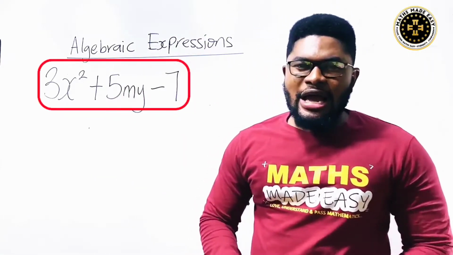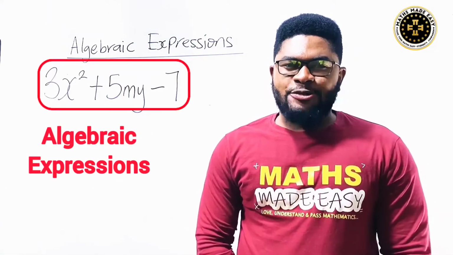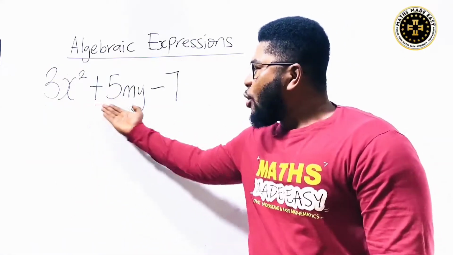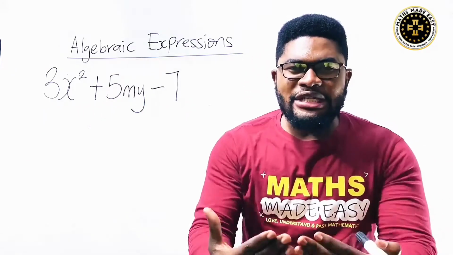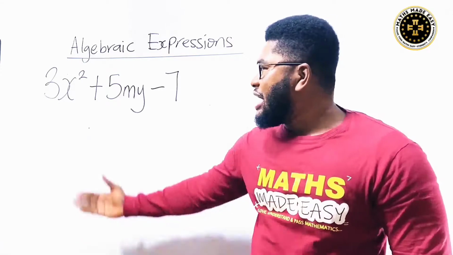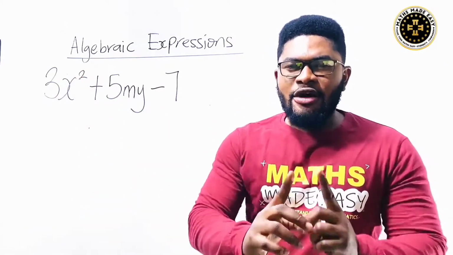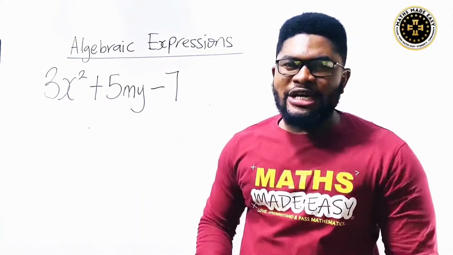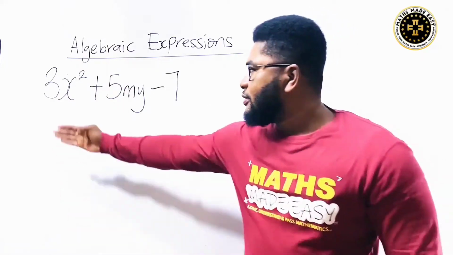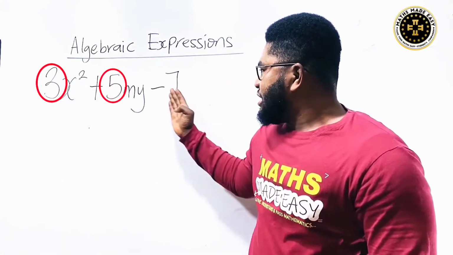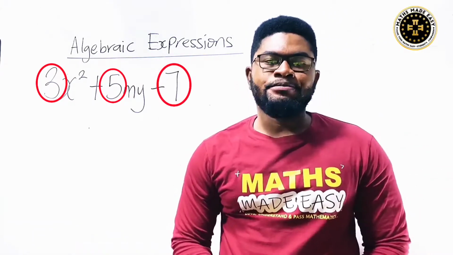This is an example of an algebraic expression since it is a mathematical statement which has symbols or variables written in it. Don't forget that in an algebraic expression you can still see real numbers. 3 is a real number, 5, 7 are real numbers.